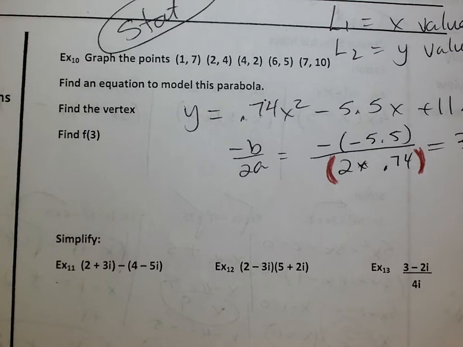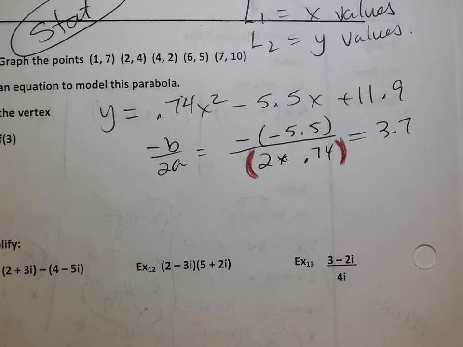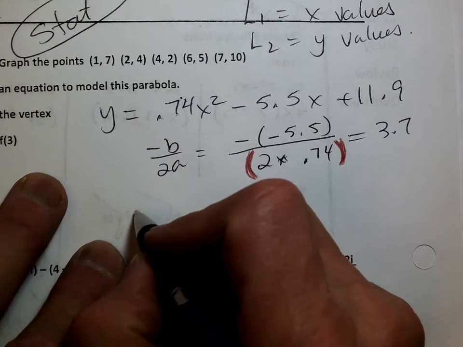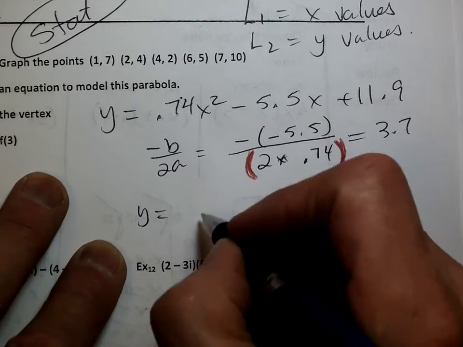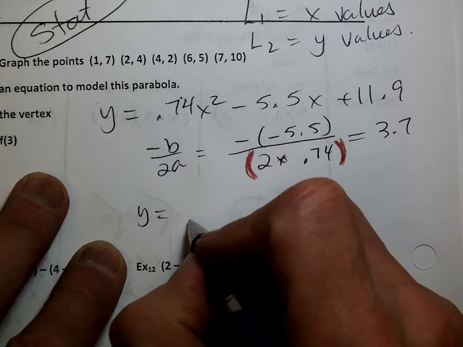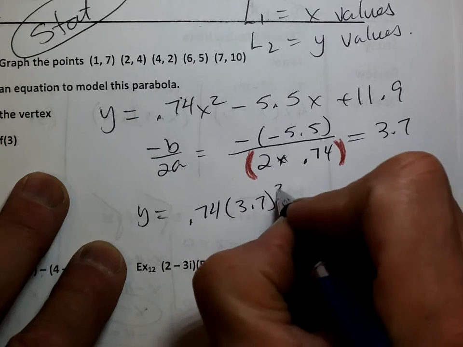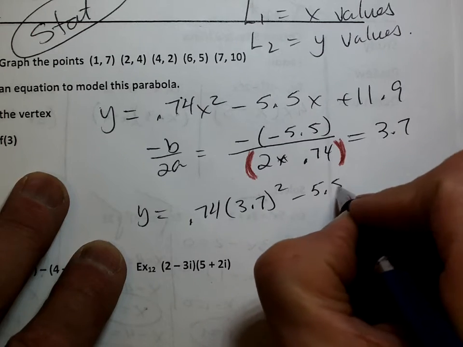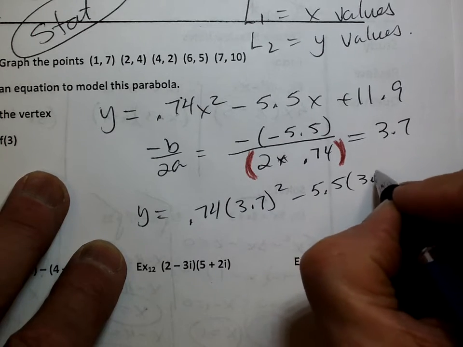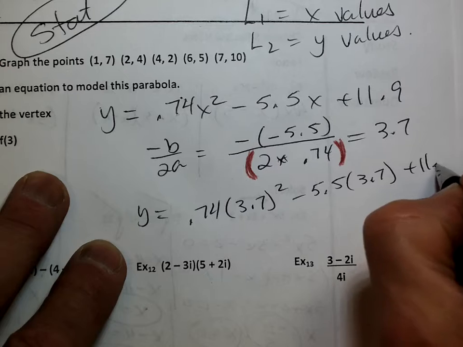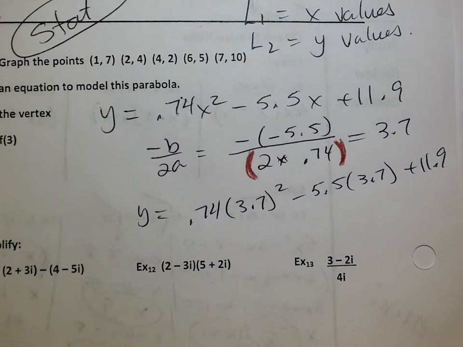How do we get its corresponding y value? We plug it in. So we'll have y equals 0.74 times 3.7 squared minus 5.5 times 3.7 plus 11.9. And I'll let the calculator do the work.